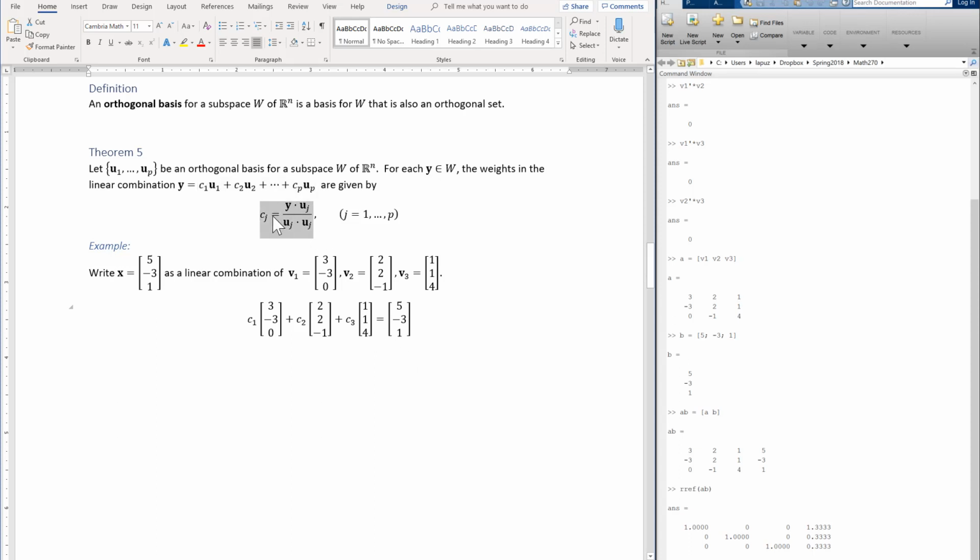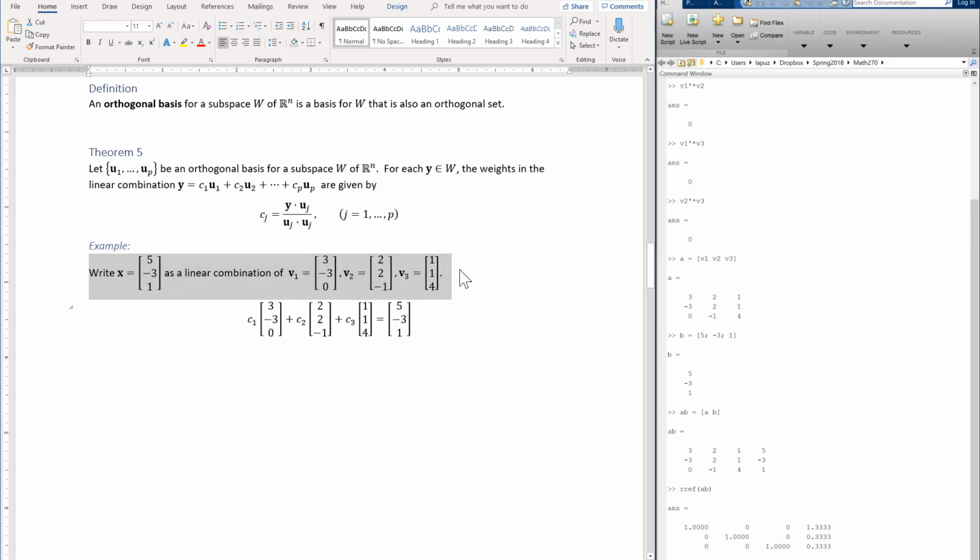The jth weight of your linear combination is going to be the dot product of the vector dotted with the jth basis vector, divided by the dot product of the jth basis vector with itself. So if you remember back, we had, I think it was 4/3, 1/3, and 1/3 for C1, C2, and C3.